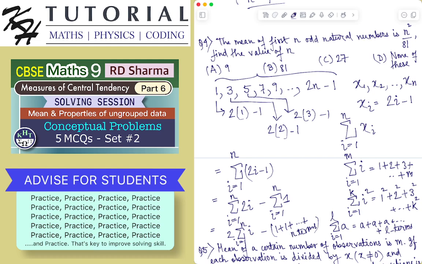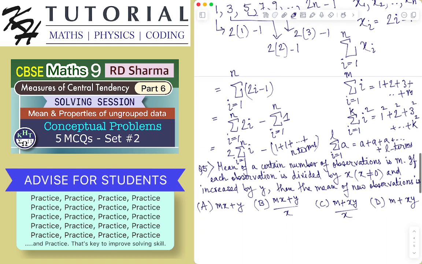I hope you are following how I am applying the concept of sigma on the expression 2i minus 1. So we have 2 times summation of i, minus 1 plus 1 plus 1 up to n terms.